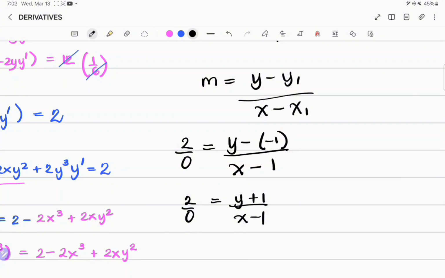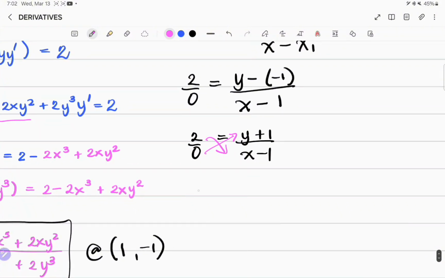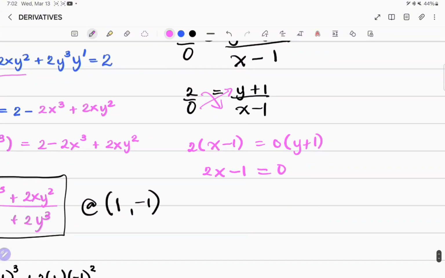Then, as we cross multiply, it gives us 2 times (x minus 1) equal to 0 times (y plus 1). The right side is 0, and we can simplify the left side as 2x minus 2 equal to 0. So this is now the general equation of the line because it is equated to 0.